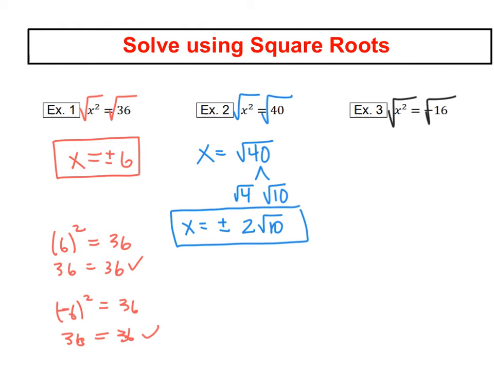When we squared a negative number, we got a positive 36. So anytime you square something, you'll get a positive answer. So it does not make sense that we would square the x and get a negative 16. So this is a no solution answer. You can't even do it.